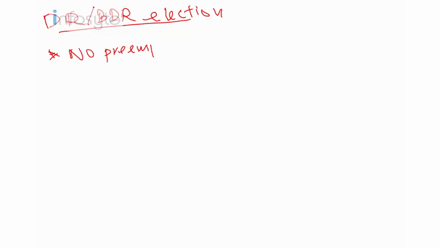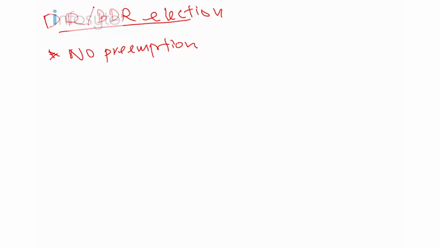So for the DR priority, how do they perform the elections? Coming back to here, the DR/BDR elections. When they perform the elections, always remember that DR/BDR election has no preemption. It means that whoever becomes the DR will remain the DR, even if another router has a higher priority value, it will not take over.